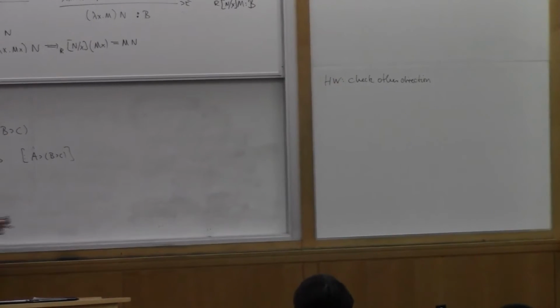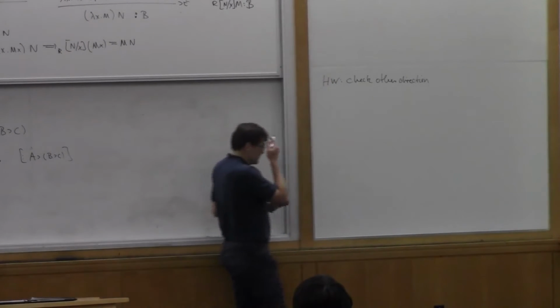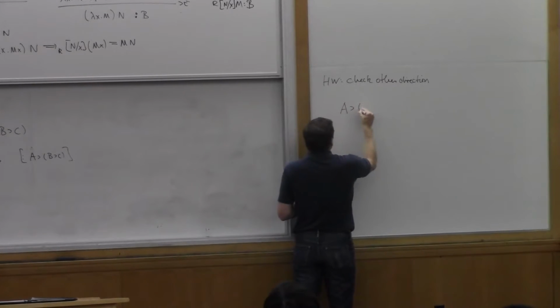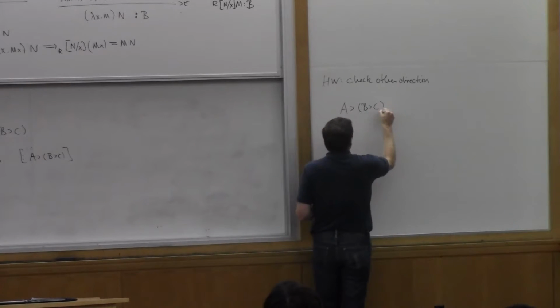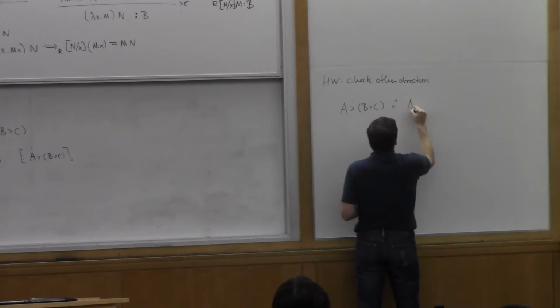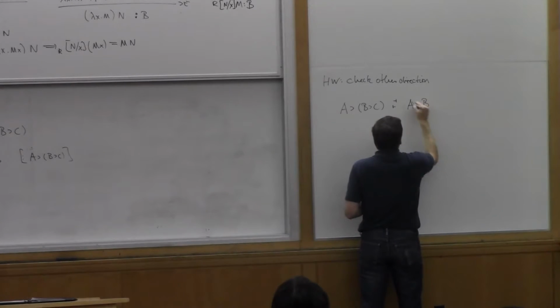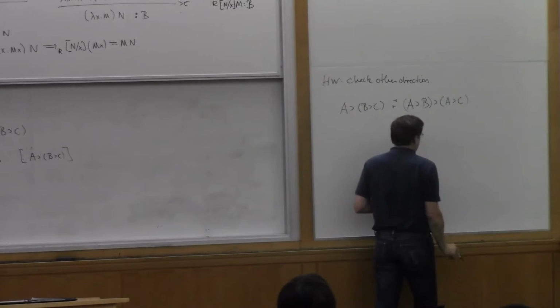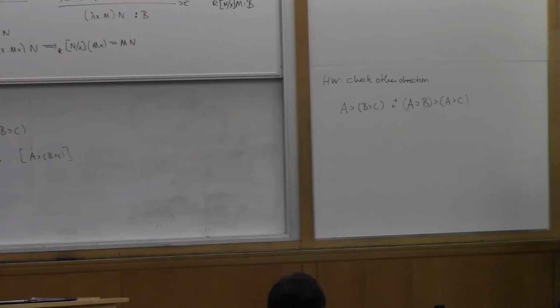The second part of the homework is the following. One thing I assigned last time was this weird law that said A implies B implies C is equivalent to A implies B implies that A implies C. And I asked you to check if this is true or not.